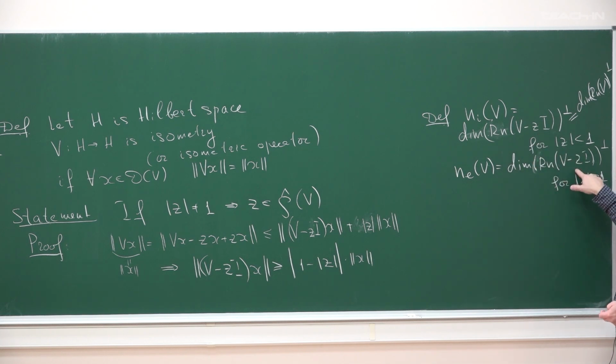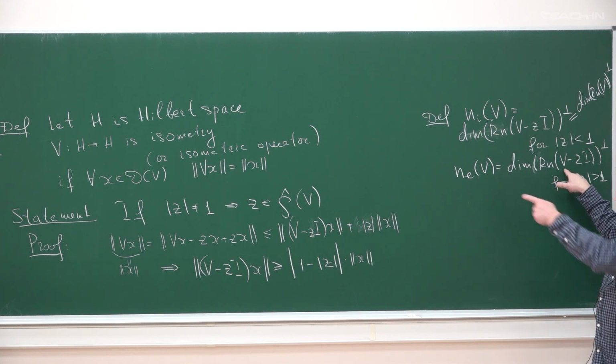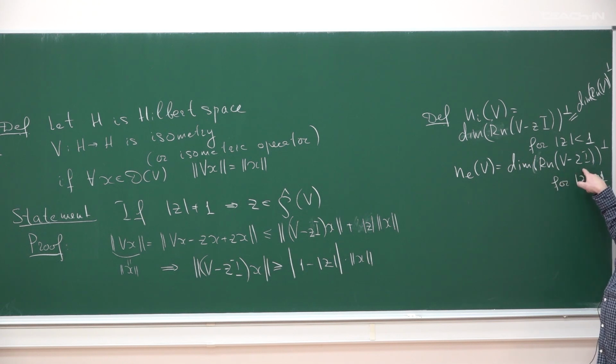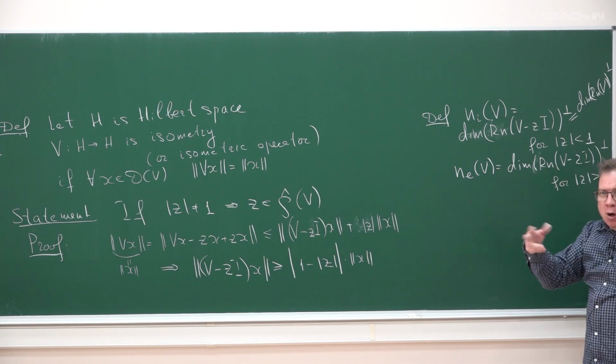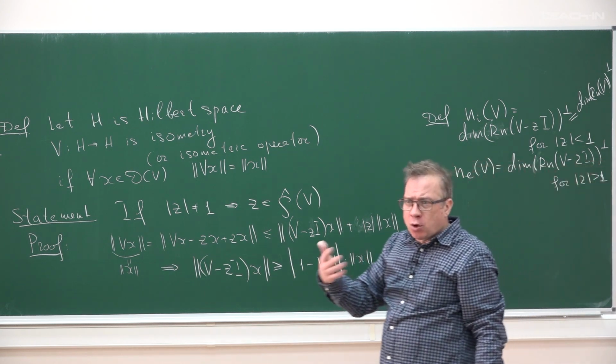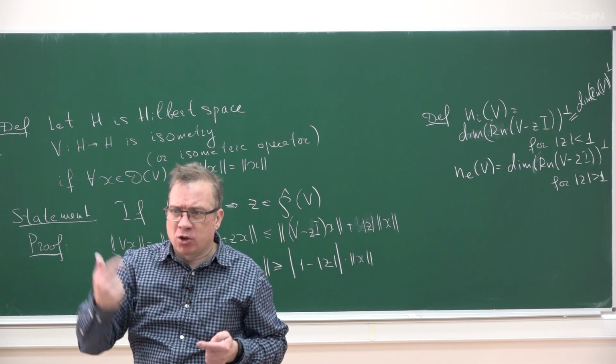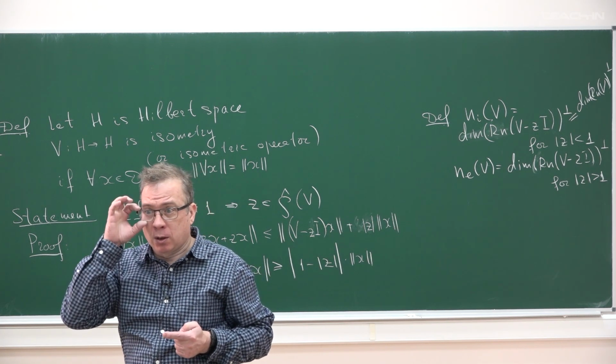How can we change this situation? Here this operator is larger. The norm of this operator is |z|, which is larger than 1, and the operator V has norm equal to 1. So they change their roles. This is the strong operator, and this is the small operator, strongly subordinated to it. For bounded operators, strong subordination just means that the norm of the perturbation is less than the norm of the original operator.